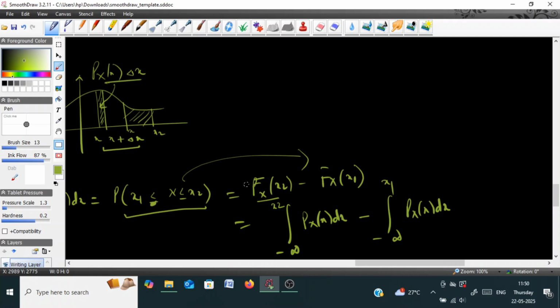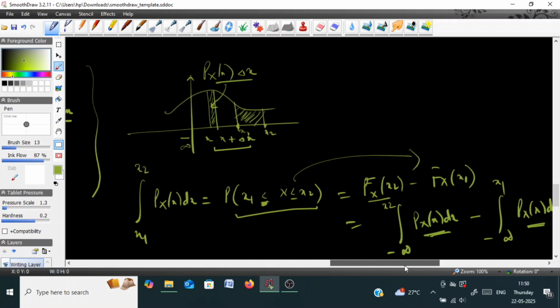So I am expressing the CDF as the integral of the PDF. And in these two integrations, if you find the difference, with minus infinity to x2 you get the entire area starting from minus infinity up to x2, and then with minus infinity to x1 you get the area up to this point. Okay. And if you find the difference, definitely you'll get the area under the curve between x1 and x2.